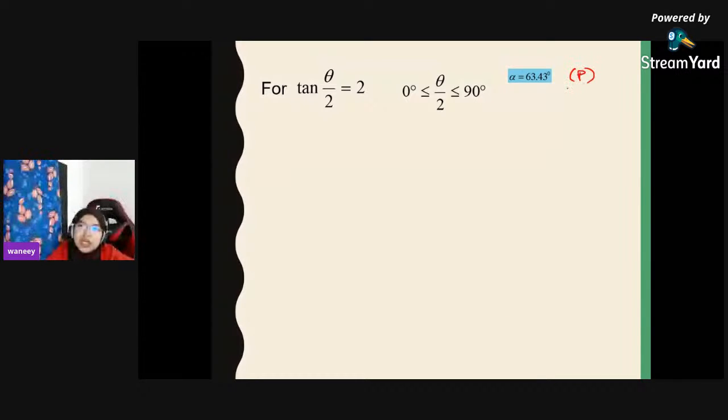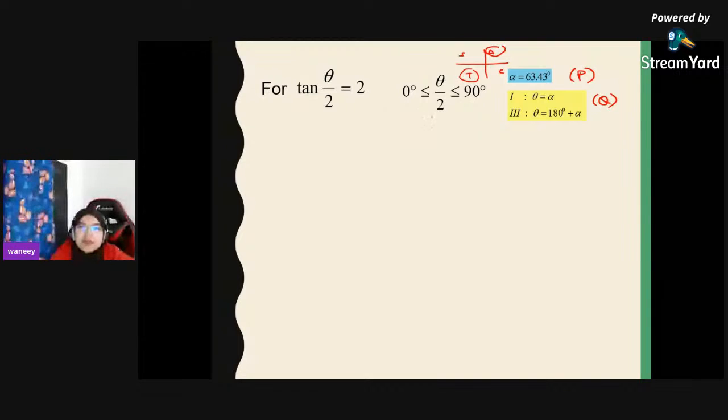So you are using arctangent of 2, and you are going to get 63.43. And again, this one, ASTC. So in order to get a positive on the right hand side, it should either be in the first or the third quadrant. So this is based on the quadrant, so either in the first or the third quadrant.